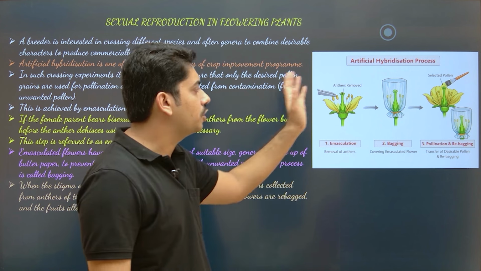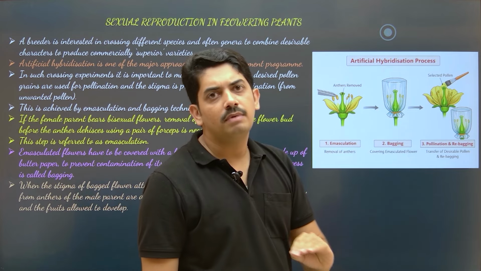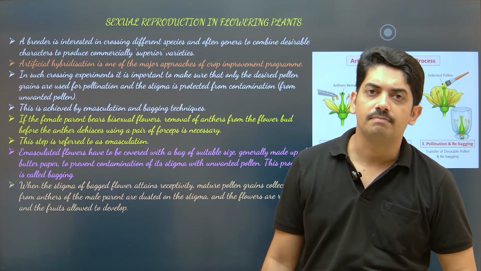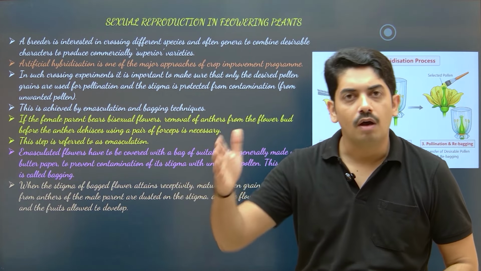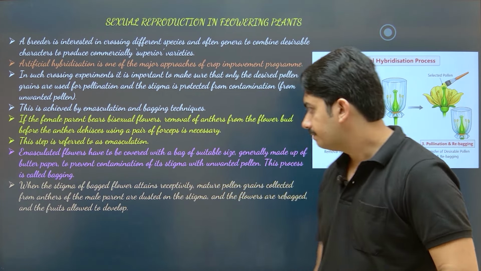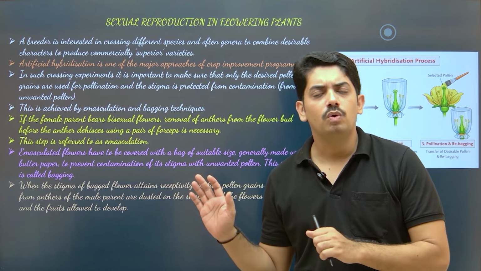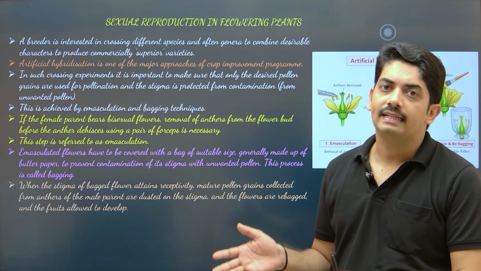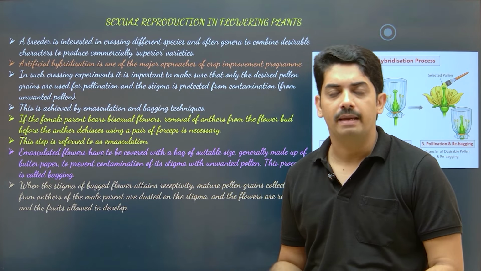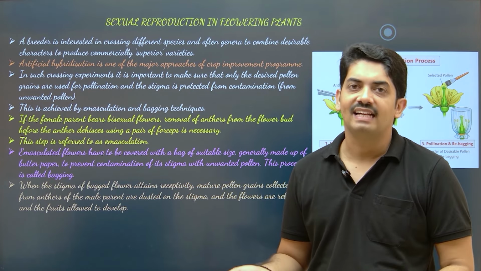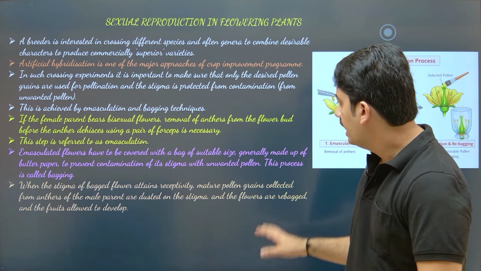So this makes sure that the desirable pollen is transferred onto the stigmatic surface and the produced offspring will be hybrids. Okay, but there is no guarantee that the produced offspring will be hybrids, but there is a high chance that they will be hybrids.